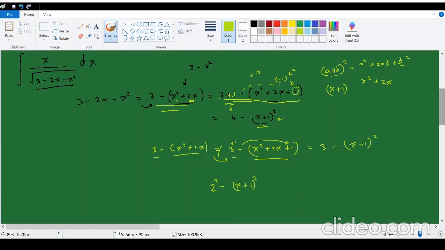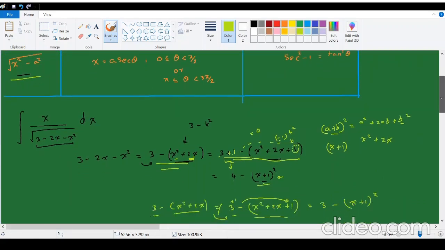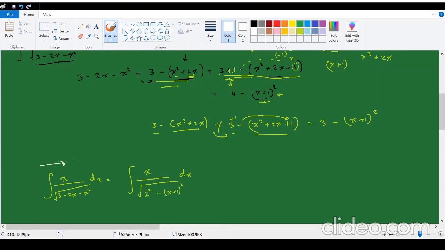So it is more or less the same as the third category of our inverse substitution. Okay, so up to this point, what we have done is we have written the integral like this, right? So now we should see how to simplify this integral.